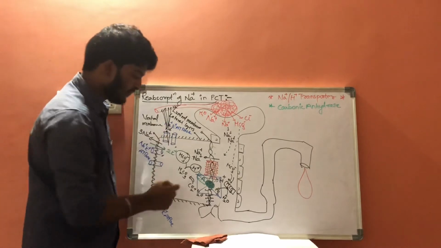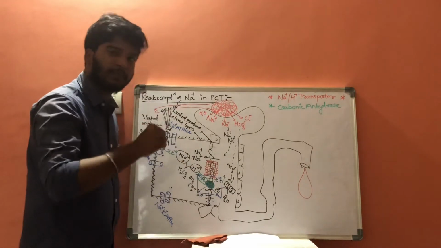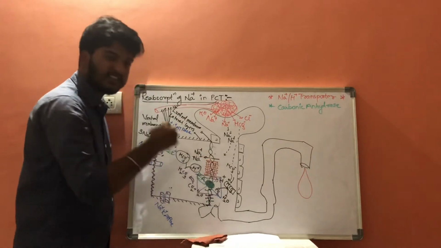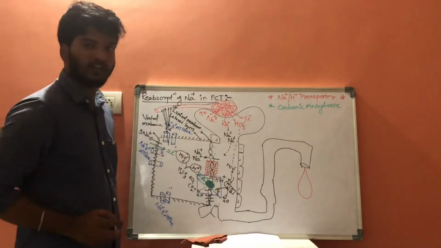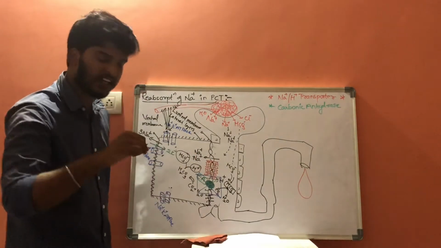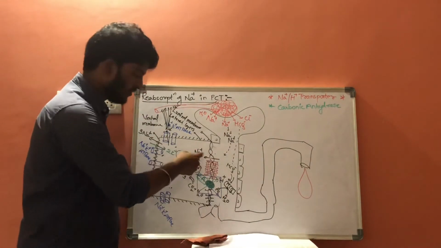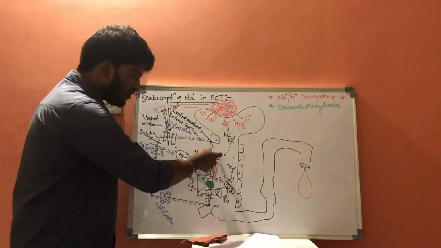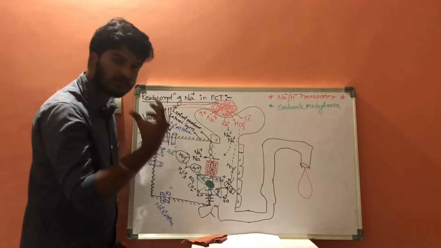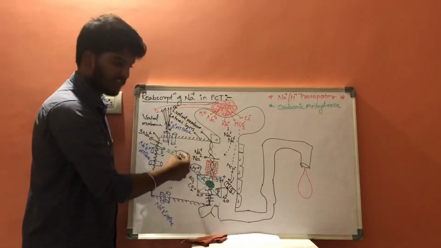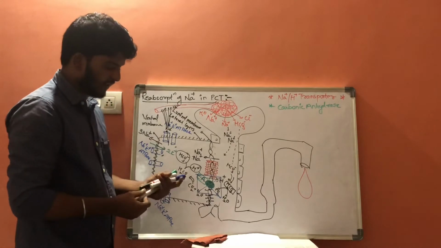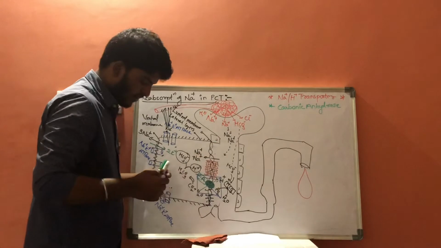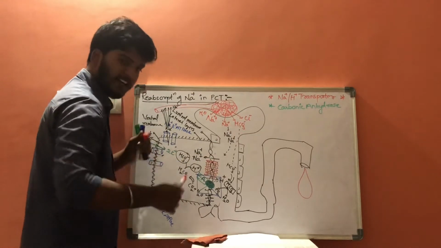How does it block? The H plus concentration will be decreased. If the H plus concentration is decreased, the exchange between sodium and H plus molecules is affected. If the H plus molecules are decreased, the sodium cannot exchange for protons. So if there is no exchange of H plus ions, this sodium cannot enter inside. Whatever sodium is present in the lumen cannot enter, so these sodium ions fail to enter the cell.